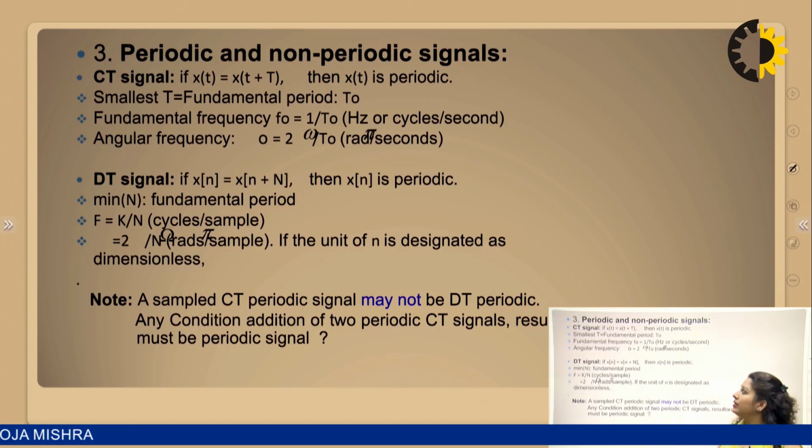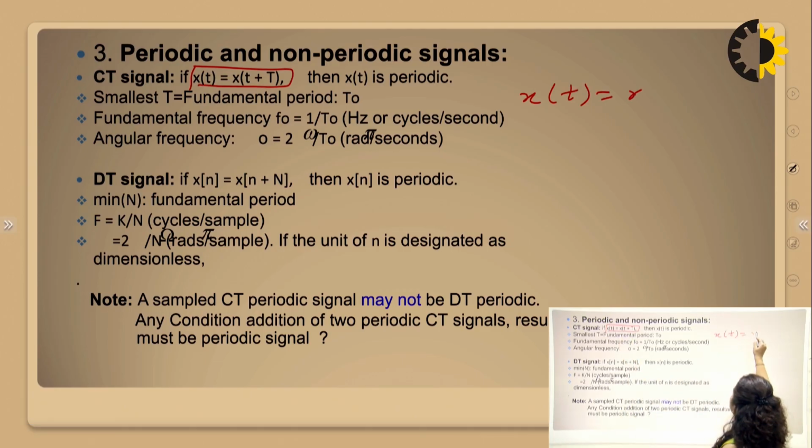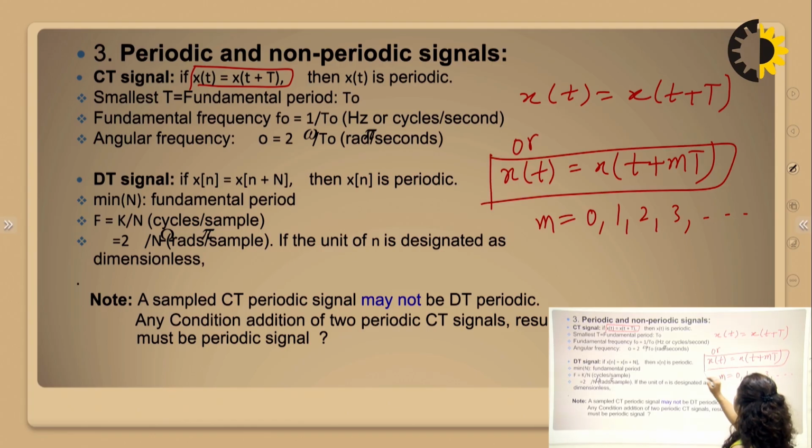The important equation here is x(t) equal to x(t plus T), or we can have x(t) equal to x(t plus mT), where m is an integer value, m equal to 0, 1, 2, 3 and so on.